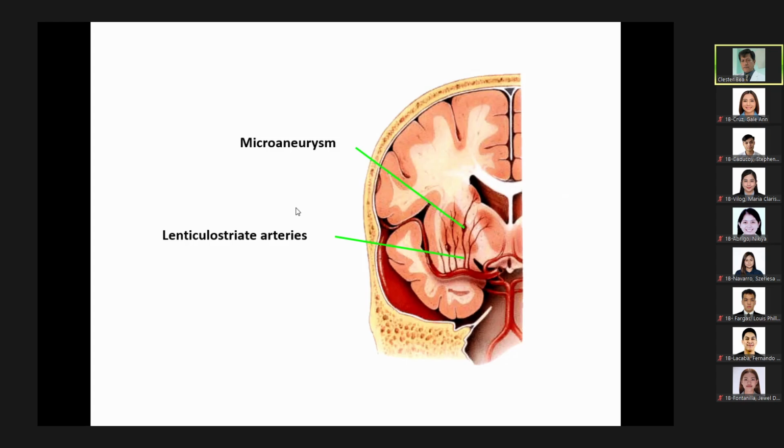Microaneurysms are prone to rupture, especially if you have increased pressure within the blood vessels in the brain.